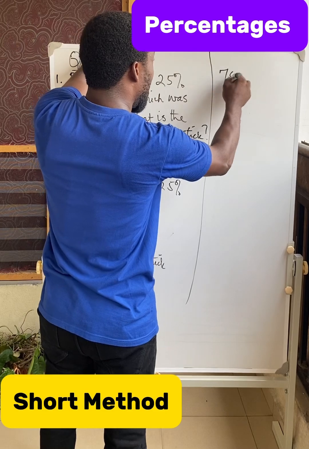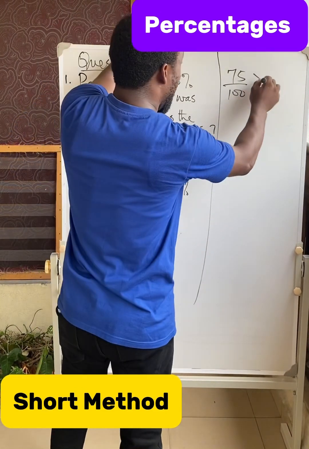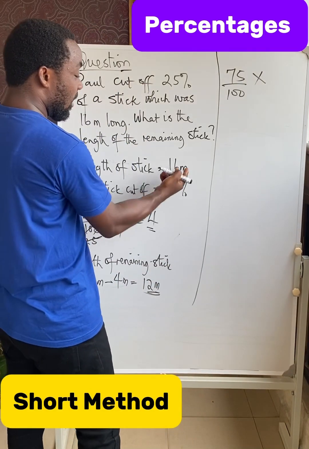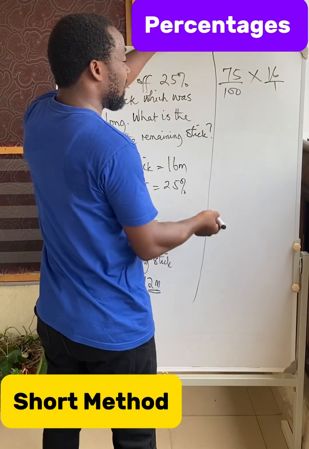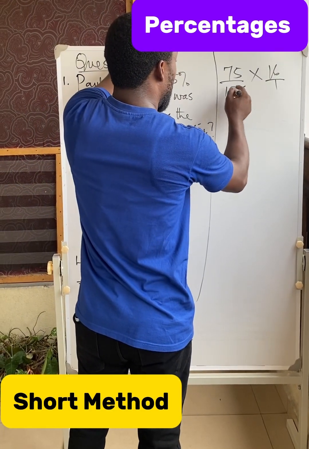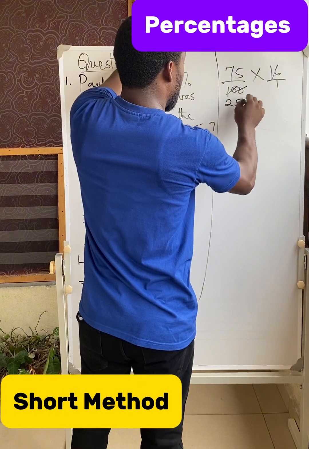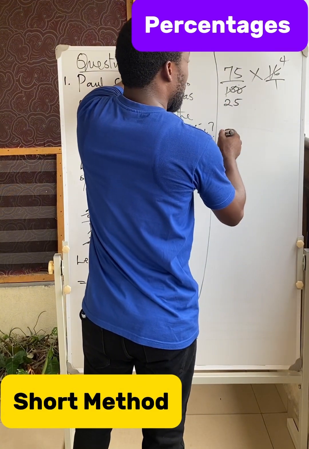So 75%, which is 75 over 100, times the original length of the stick, which is 16 over 1, will give me my answer directly. I don't need to go and start subtracting. So 4 can go into this 25. I did that before. And 4 can go into 16, 4. And so what again?